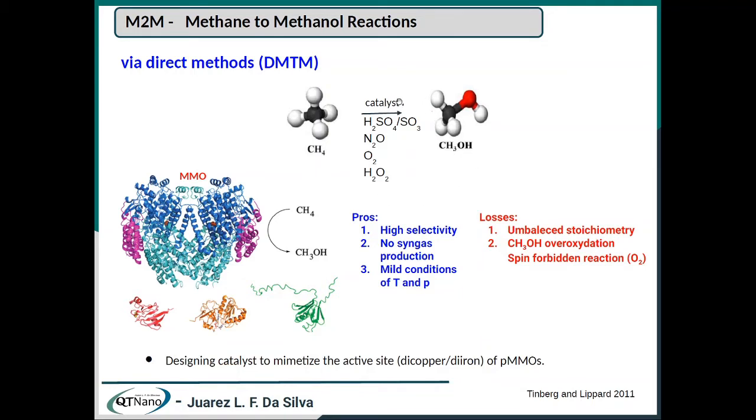This type of catalysis tends to mimic the active site of the MMO enzymes, whereby methanol is obtained from methane under mild conditions of temperature and pressure with high selectivity and with no syngas production. However, this has an unbalanced stoichiometry, and it can also lead to over-oxidation to CO2. Sometimes, when you use O2 as a direct source of oxygen, we know that this is a spin-forbidden reaction.